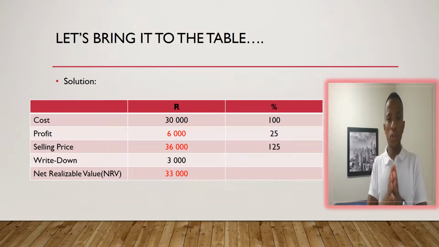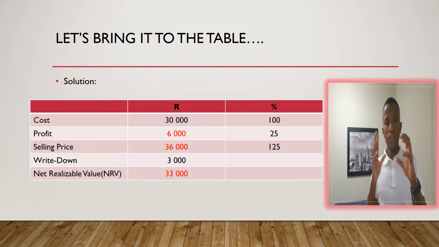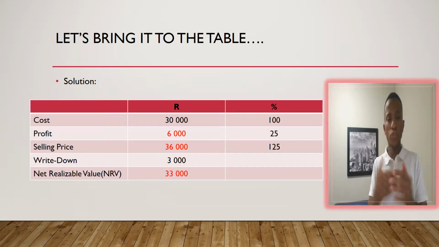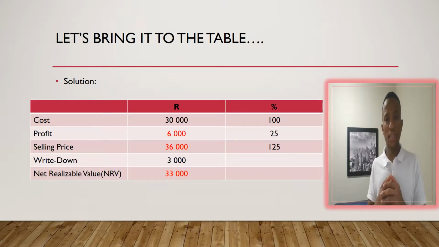So on the amounts column, we know that the original cost is 30,000, so we can use that figure and the percentages given on the percentages column to calculate the profit and the selling price amounts. We also know that the write down amount is 3,000, so we can use the selling price, write it down by 3,000 to get the 33,000 as the net realizable value.